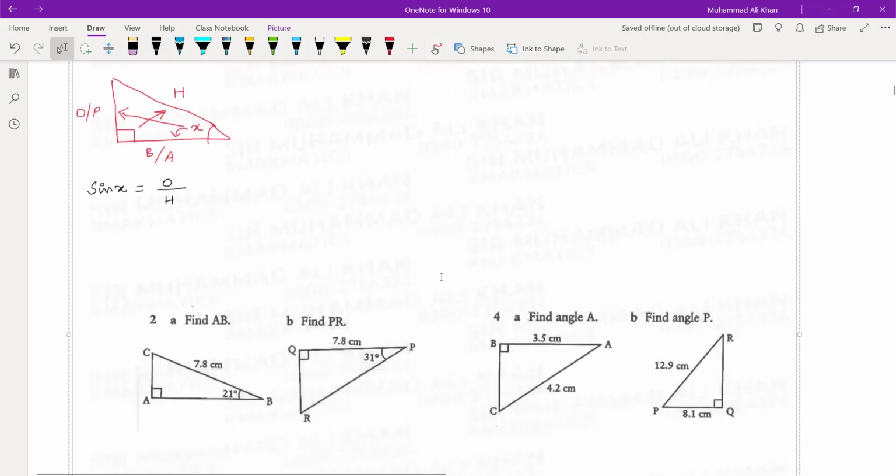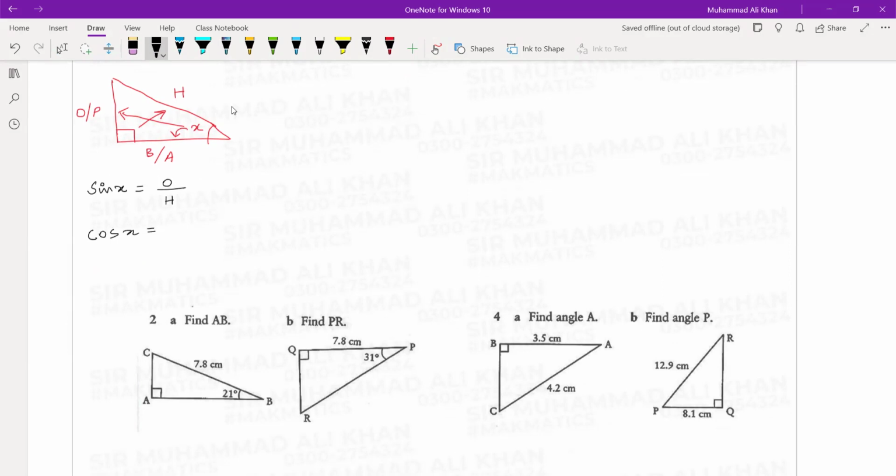Now, and after that, cos x equals to adjacent over hypotenuse, and tan x equals to opposite over adjacent. These are the 3 ratios. By the help of these ratios, we are able to calculate angles and sides of right angle triangle.